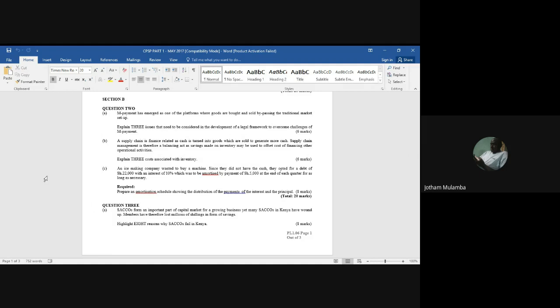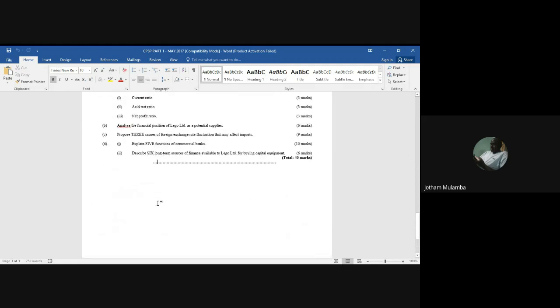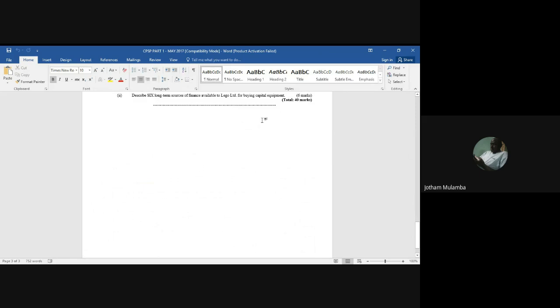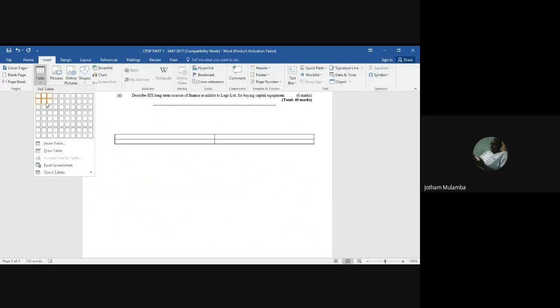So, are you able to prepare that? Let me see if I can expand here and come up with the amortization schedule. So I'm inserting a table so that we make the amortization schedule.